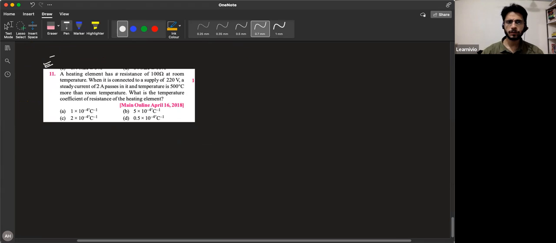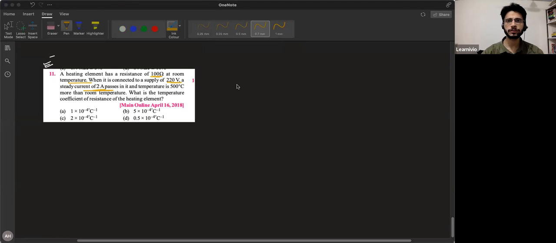It's a straightforward calculation. We have a heating element with some resistance, 100 ohm. It is at room temperature, connected to a 220 volt supply. A steady current of 2 ampere passes through it. You're supposed to calculate alpha. Do it fast.